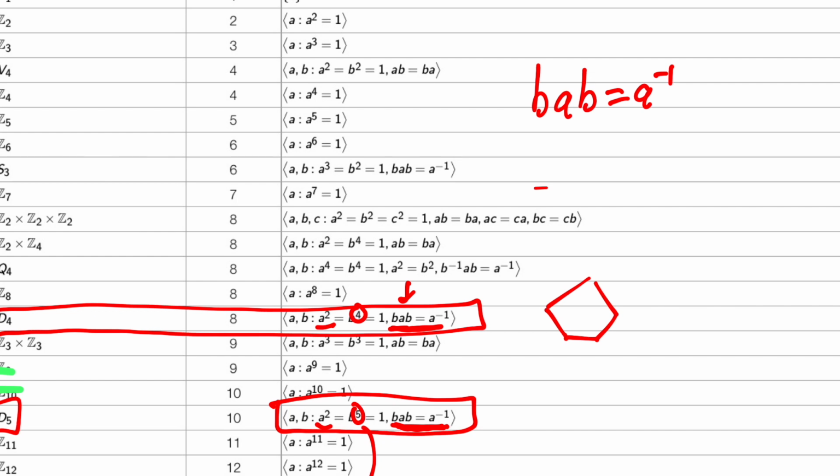Multiply both sides on the right by B, and then you get B squared AB equals BA inverse. And B squared is just a flip. B is the involution here, so B squared is just the identity, so I can erase that.